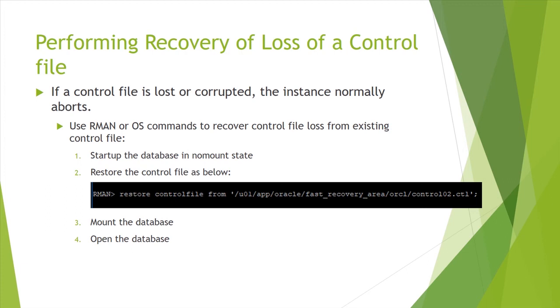So use the existing control file, the control file that's still available, to recover the other control file by using restore controlfile from and the location of the available control file. After restoring the control file, mount the database and then open the database. This is how to recover from loss of a control file in case you have a multiplexed control file and one of the control files is still available for you.